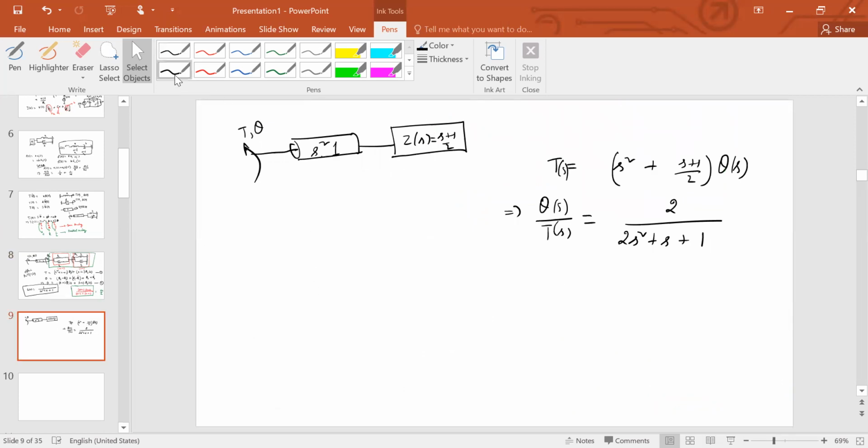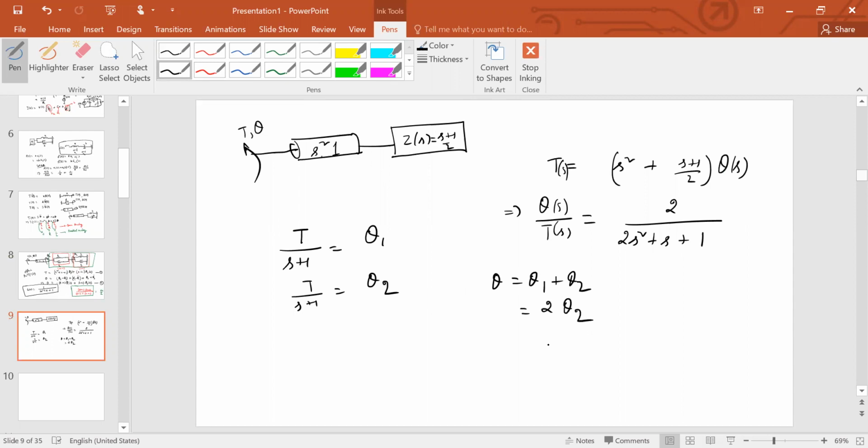So then you can see that you will have T over (s plus 1) is equal to theta1, and T over (s plus 1) is equal to theta2. And theta is going to be equal to theta1 plus theta2, so this is going to be equal to twice theta2.